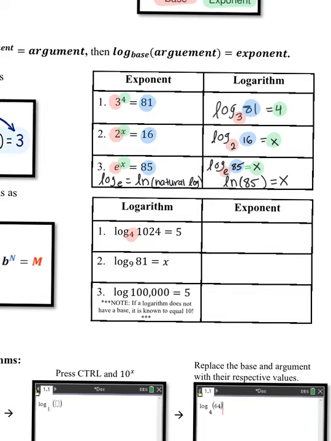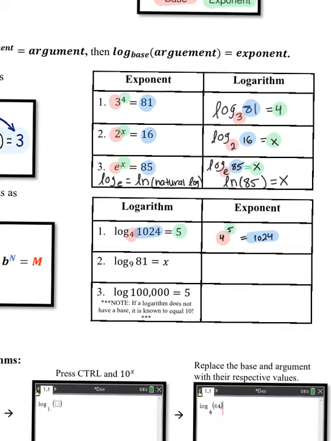It's going to be 4. My exponent, remember a logarithm is the exponent required to get to a certain number, so my exponent here, which comes after the equal sign, is 5. And then I've got my number, 1024. It's going to go after the equal sign.